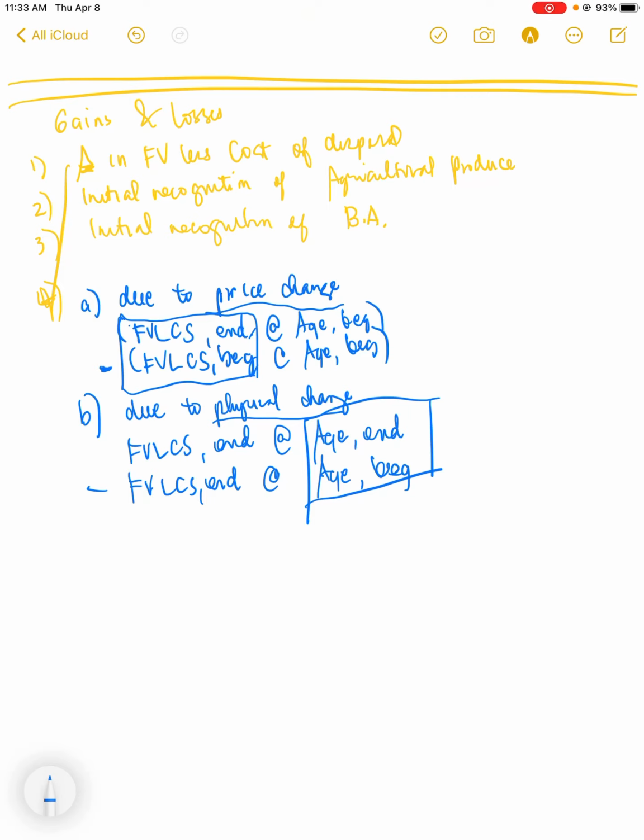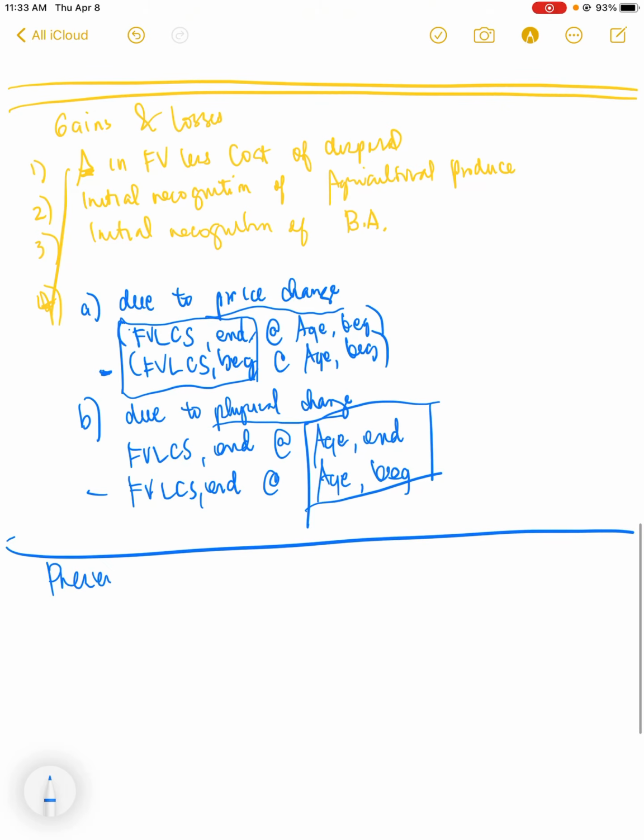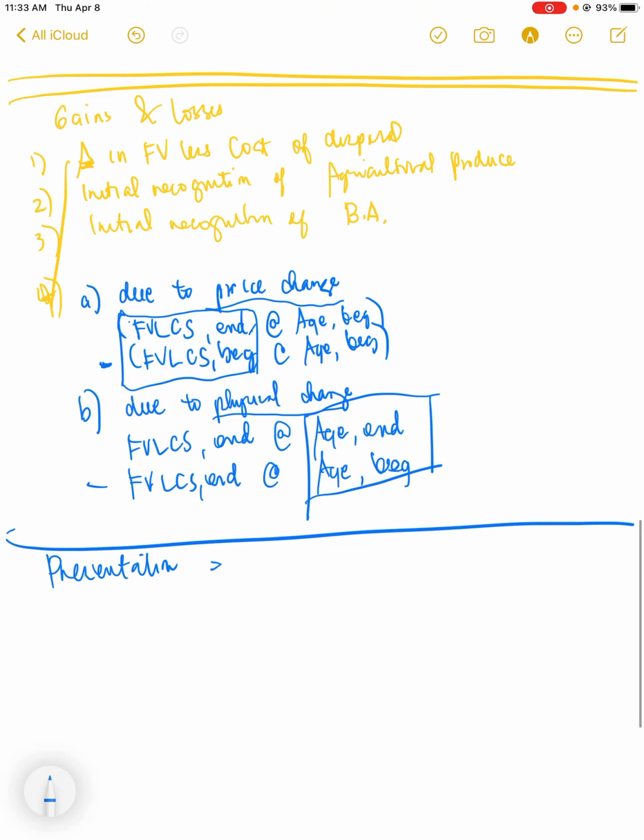In terms of presentation in the financial statements, of course, it is to be presented as part of our biological assets. O, sige, sulat po natin in terms of presentation and disclosure po. So, saan siya ipapresent? Of course, sa ating financial statements in the year-end statement. Particularly, ilalagay po siya natin sa financial position. Why?